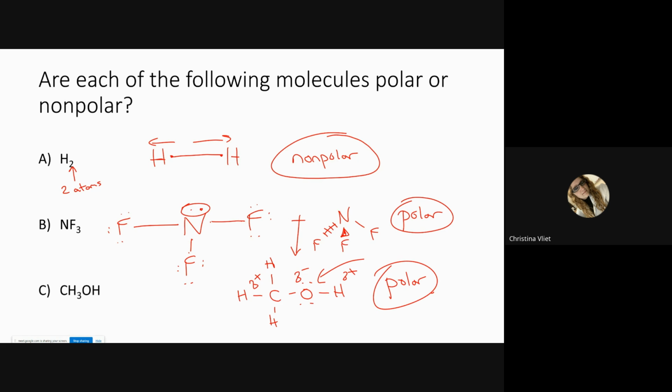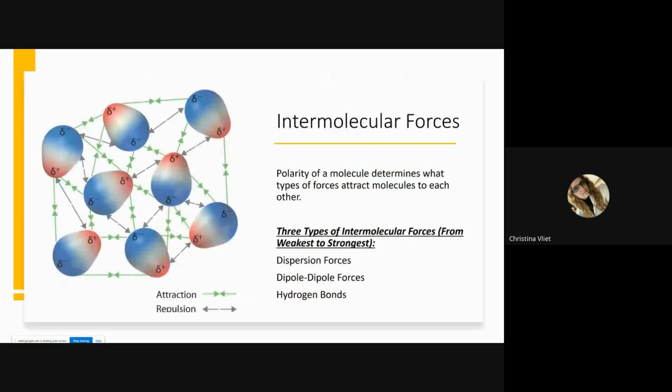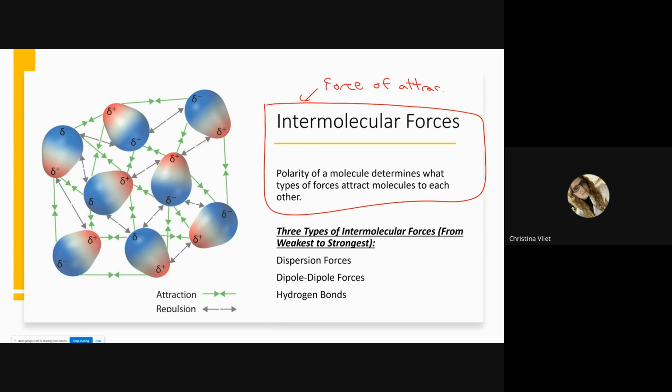All right, so now we're going to go to what's new. Intermolecular forces. So you should write this down. Intermolecular forces means the force of attraction between substances.